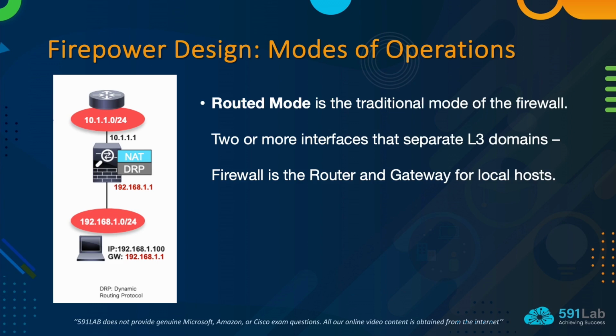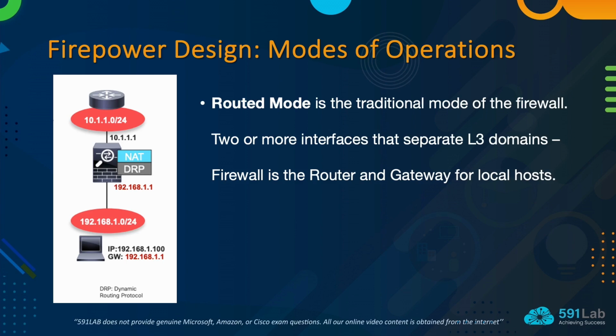The second benefit is centralized security policy management. You can centrally manage your security policies on the Firepower device. This can make it easier to ensure that all of your devices are protected by the same security policies.